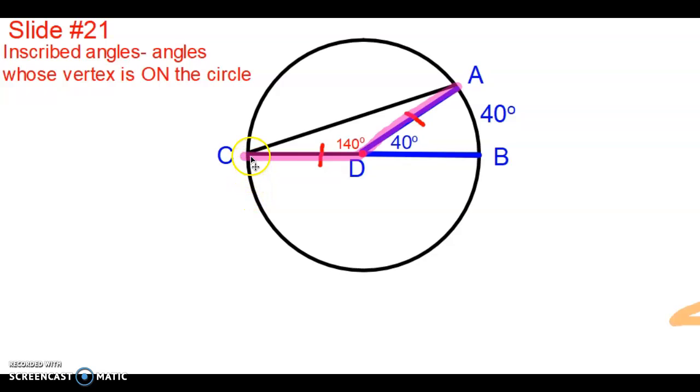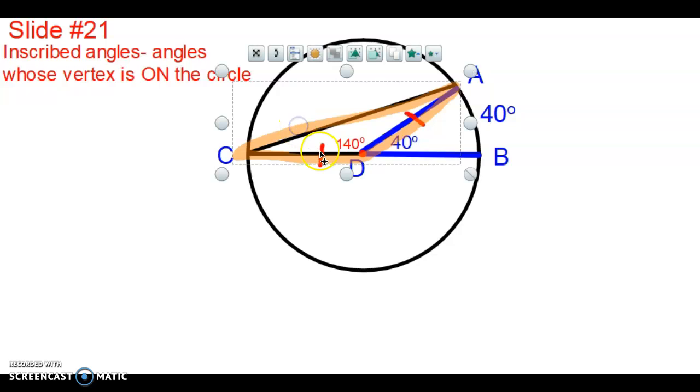We know that all radii in the same circle are equal. Okay, well then, guess what kind of a triangle this is? That is an isosceles triangle because both sides are equal.